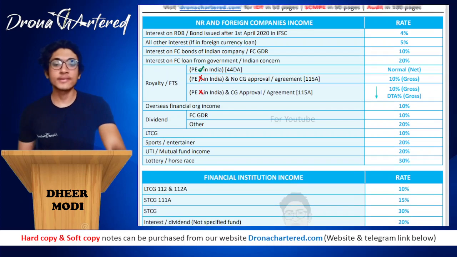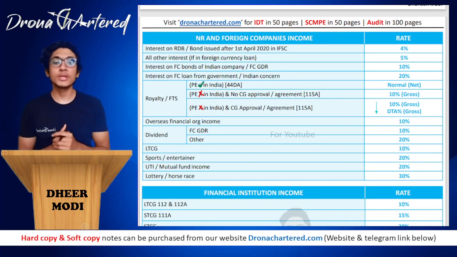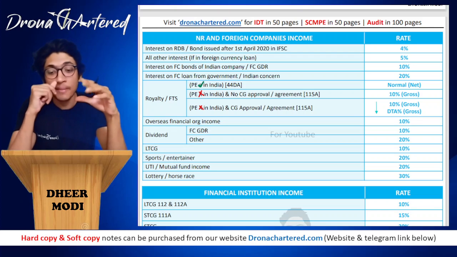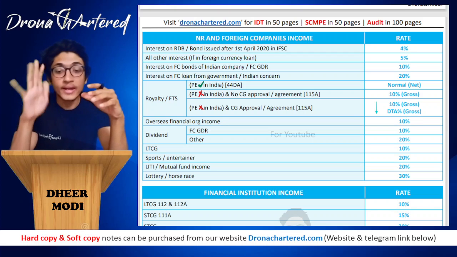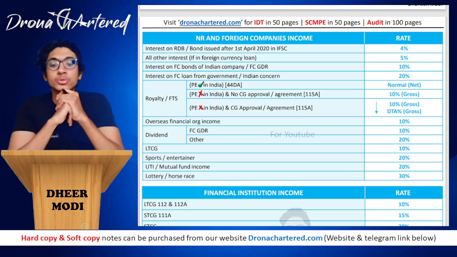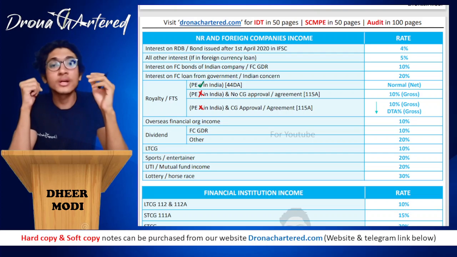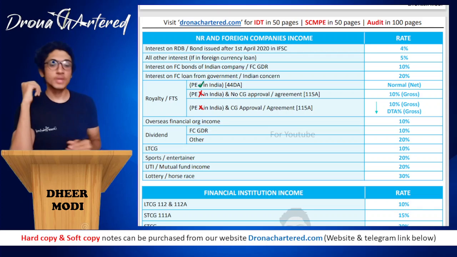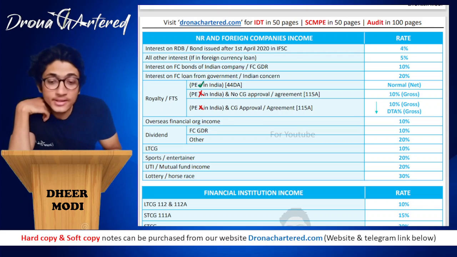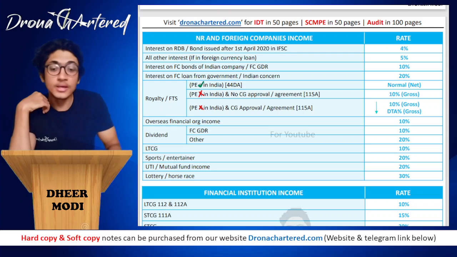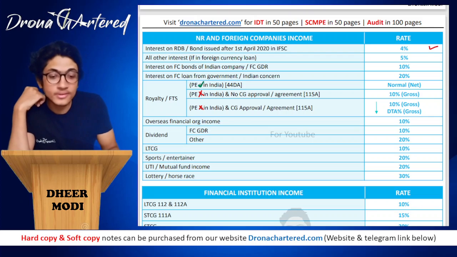And lastly, to make this chapter easier, I have made a table of all the rates that are applicable to your NRN, foreign companies and your financial institution income. So if you find any more rates, do let me know in the comment section and I will add it to this PDF. So interest on RDB, that is your rupee denominated bonds, or bonds issued after 1st April 2020 in your IFSC, the rate is 4%.